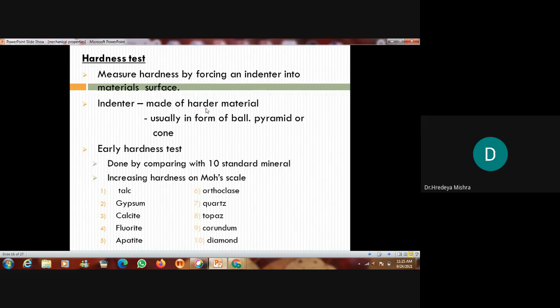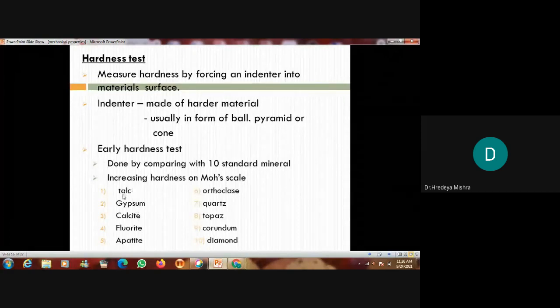The indenter is made of a harder material, usually in the form of a ball, pyramid or cone. Early hardness tests were done by comparing with ten standard minerals, increasing in hardness on the Mohs scale.